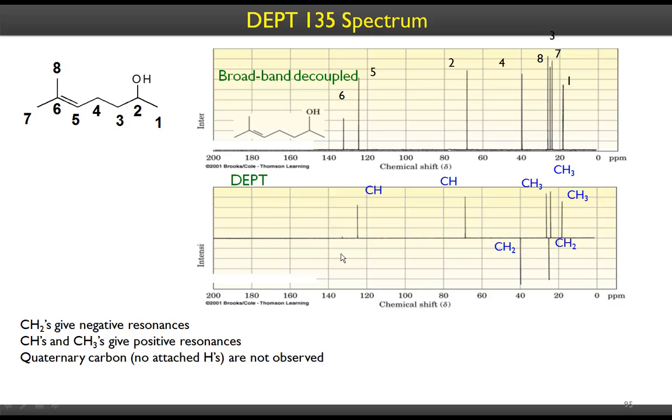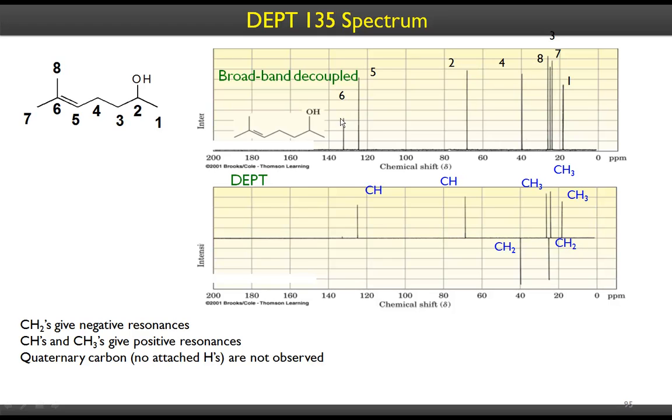So we first run the broadband decoupled NMR, then we run a DEPT 135, and this is what we get. By looking at these two and by subtracting this spectrum from the broadband decoupled spectrum, we can deduce some information. This peak is missing here, so that must be the quaternary carbon, that must be that carbon.